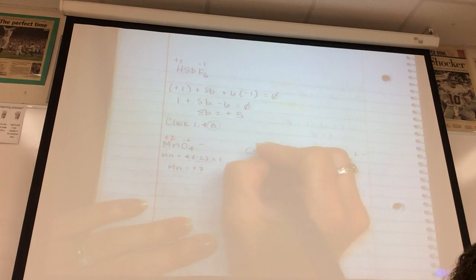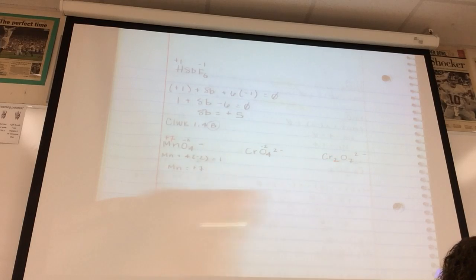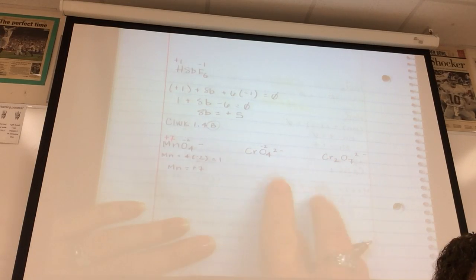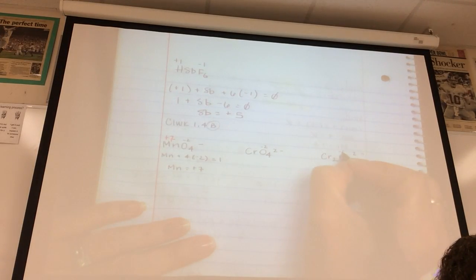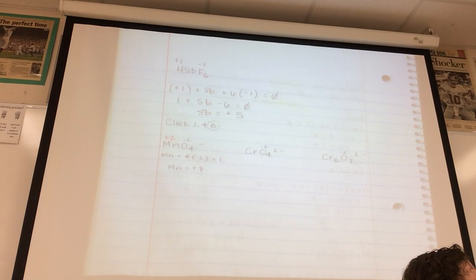Chromate ion comes up a lot. The chromium here is what? You do it. You do these two. Ugh, what a mess.